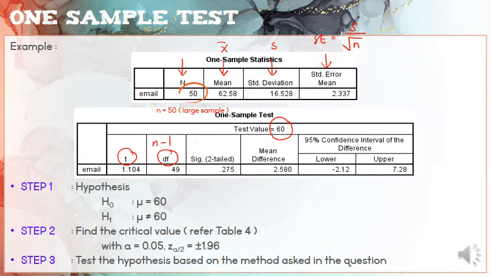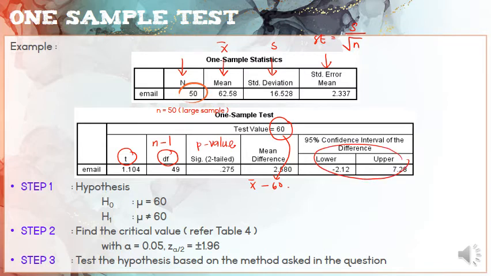Significant 2-tail, this is your P value. Mean difference adalah your sample mean minus dengan your hypothesized mean. Okay, so bin awak 62, hypothesized mean 60, that's why dapat 2.580.